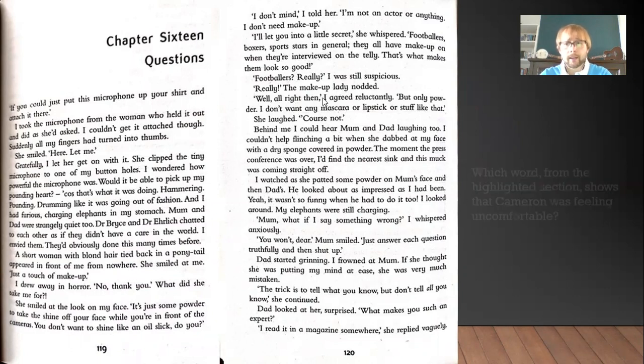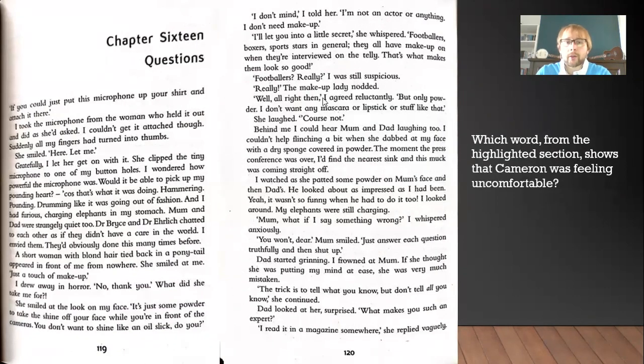Okay, and your first question then is a vocabulary question. Which word from this highlighted section shows that Cameron was feeling uncomfortable? So you're looking for a single word because it is not written as a plural. It didn't say words plural, just word singular.